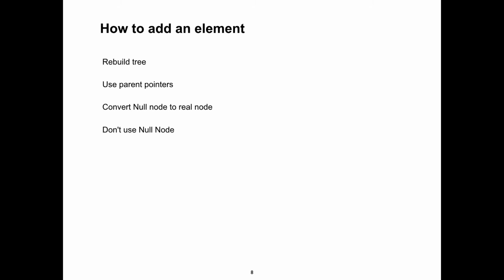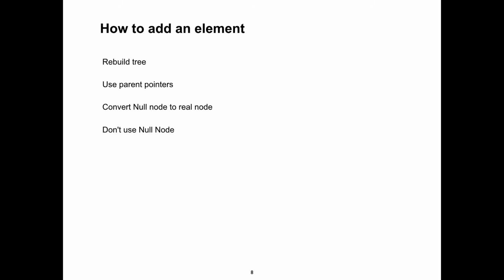There's a number of ways of doing that. One is you rebuild the tree, which many people did, right? As you go down, you create the node and add it up. You can give a parent pointer, so when you get to the bottom, the null object can say, okay, tell the parent, add this thing to yourself.